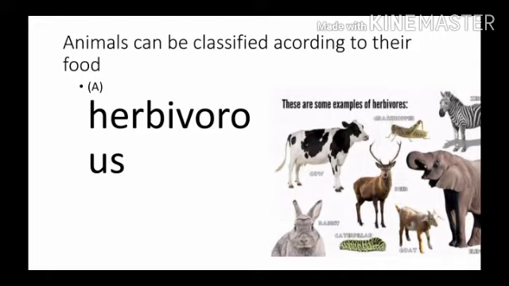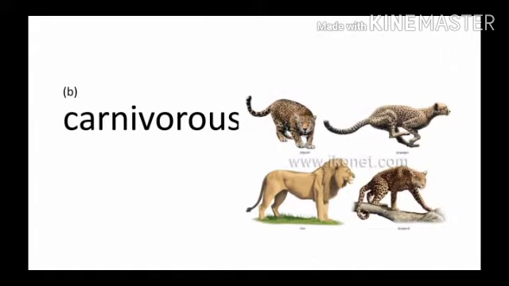Examples are grazing animals, granivores, seed eaters, and frugivores, fruit eaters. Examples are cow, elephant, goat, deer, and grasshopper, as shown in the figure.